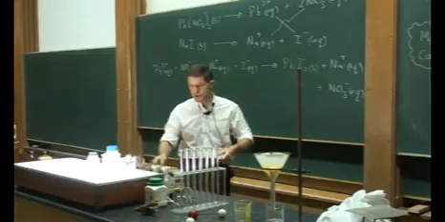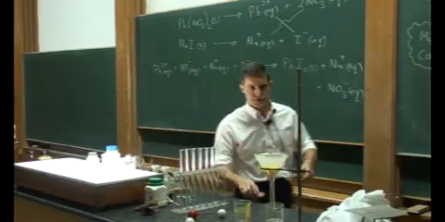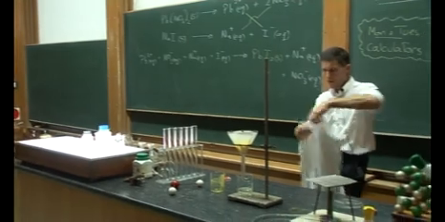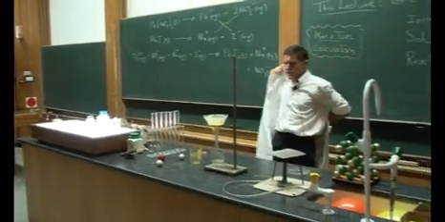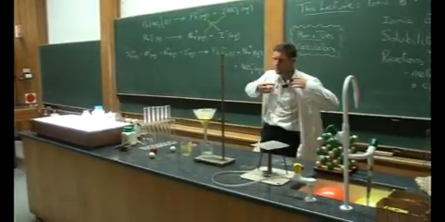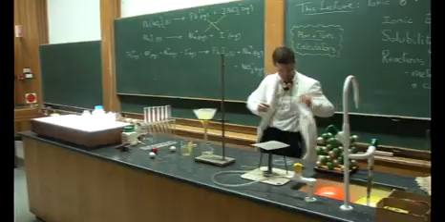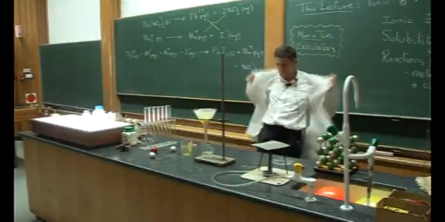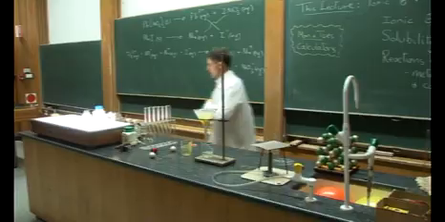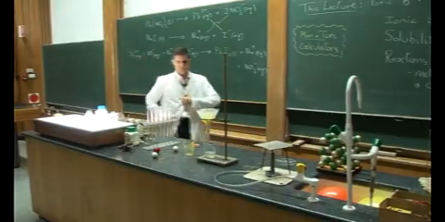And if I wanted to, and maybe I'll set this going, what I can do is take that solution and boil off the water. This will take a while, so I will set it going and we'll come back to that later.